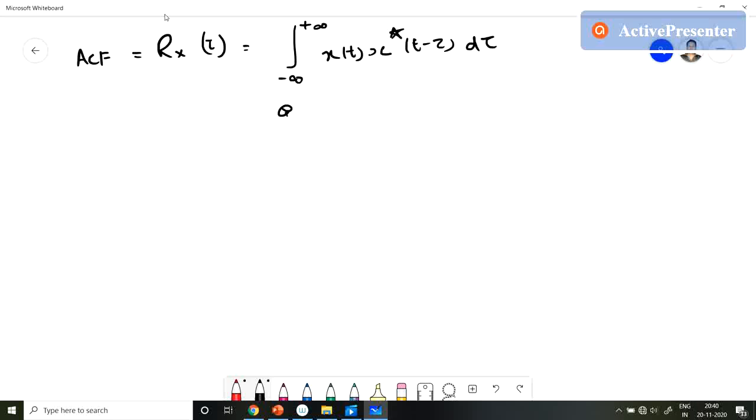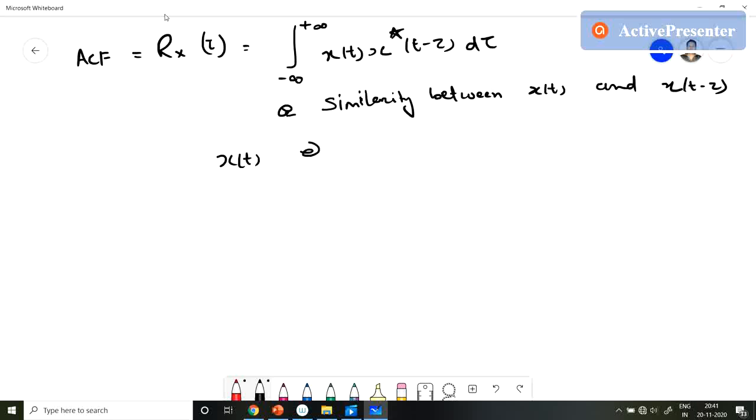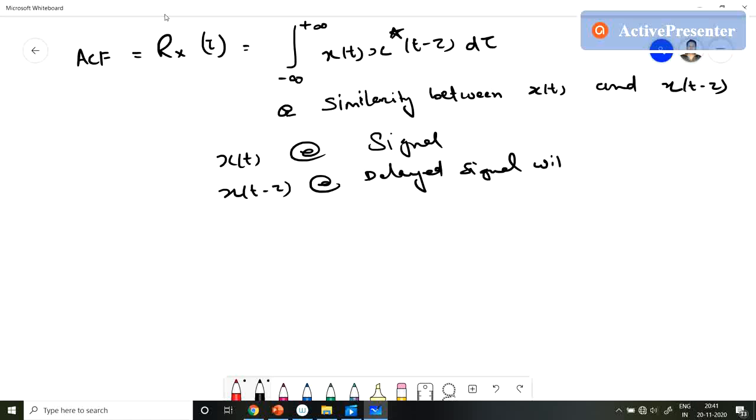So this expression provides similarity between x(t) and x(t minus tau). What is x(t)? x(t) is the signal. x(t minus tau) is the delayed signal with delay tau.